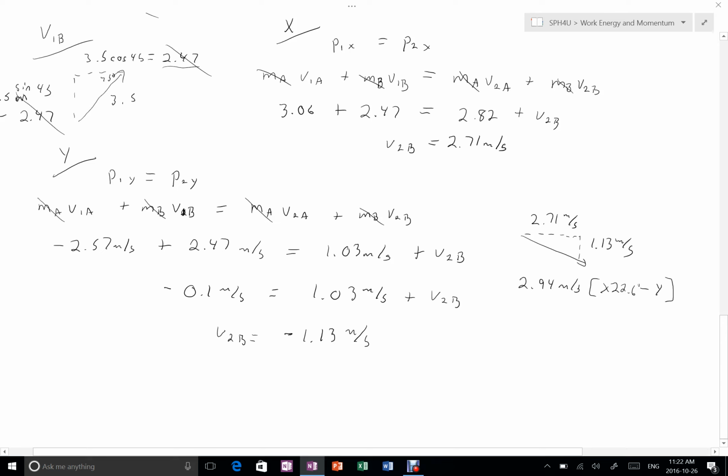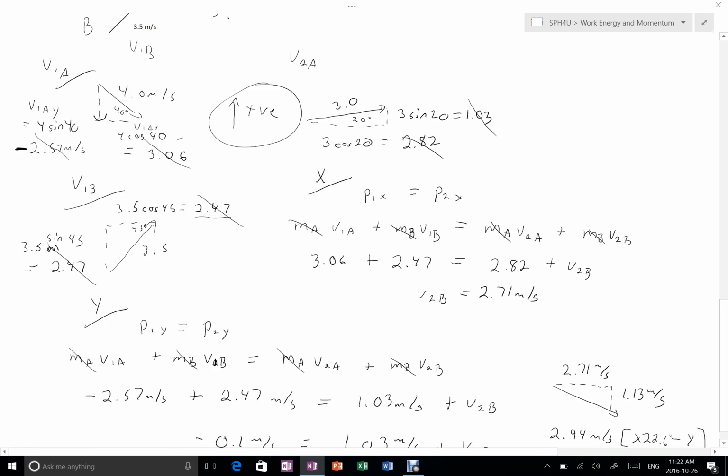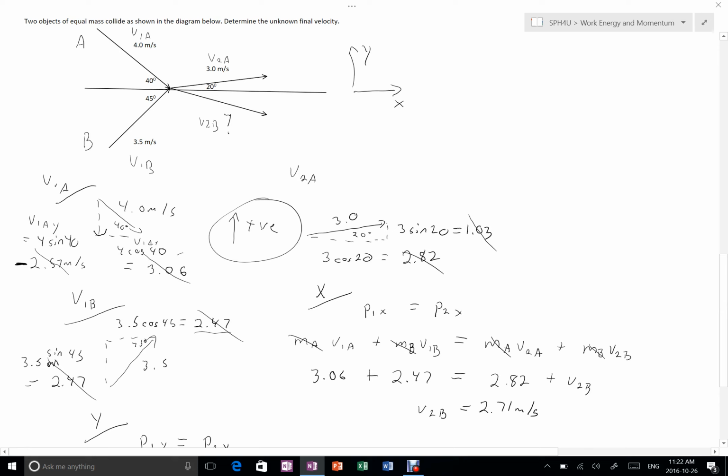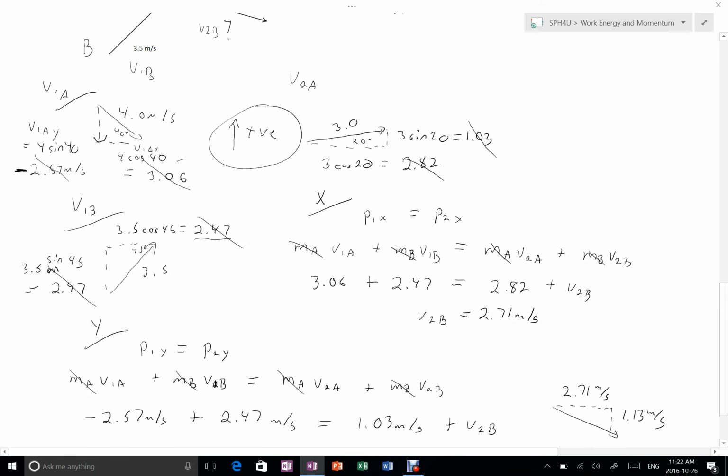So the final velocity of that object is 2.94 meters per second, x 22.6 degrees negative y, or some people would have written this as x negative 22.6 degrees y. Either way, that is a two-dimensional collision. Made it a little simpler by the masses being all the same, but if they hadn't been, obviously you could have just put them into these equations and come up with exact values.